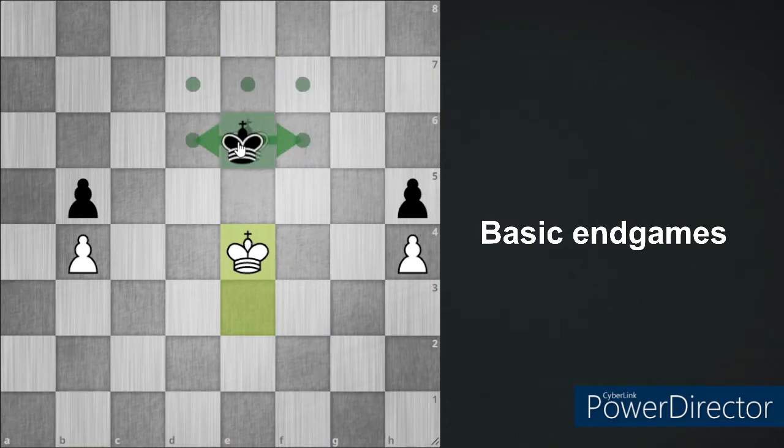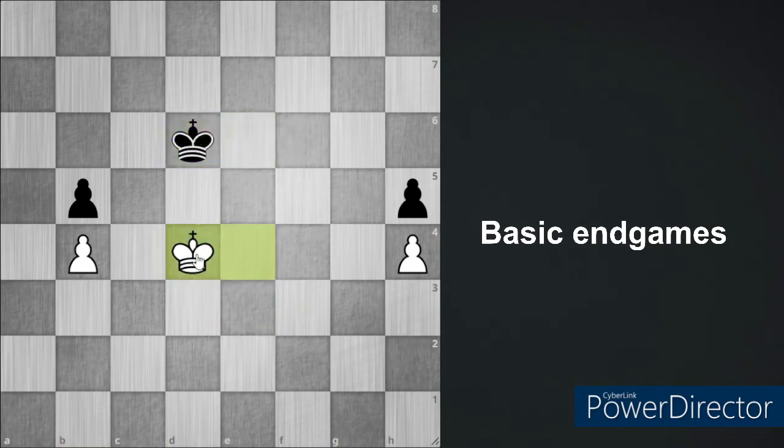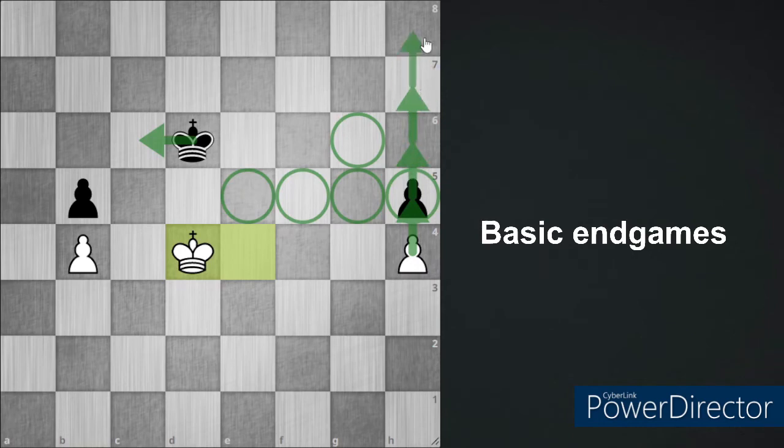And for example, if black tries to come over to this side, king d6, now you place the move king d4 again. First corner him, because you are going to calculate the moves: 1, 2, 3, 4, 5 moves and 6, 7, 8, in 9 moves you will get the queen after capturing this pawn.